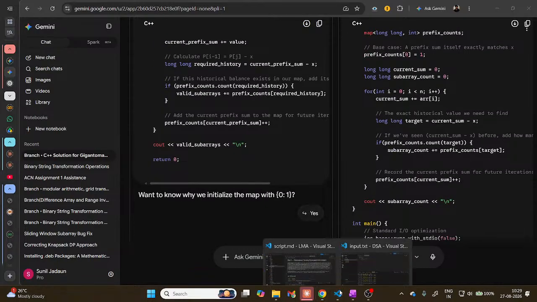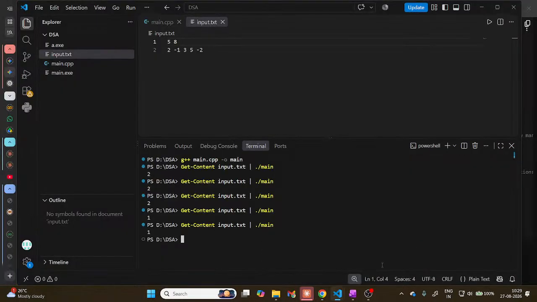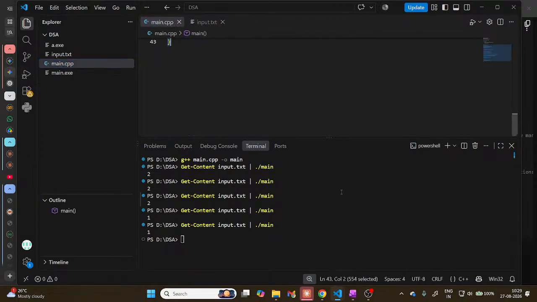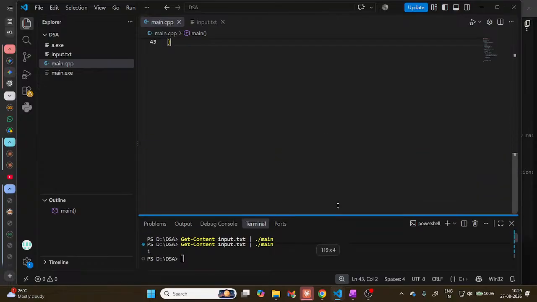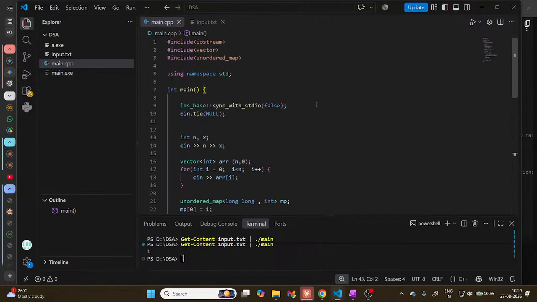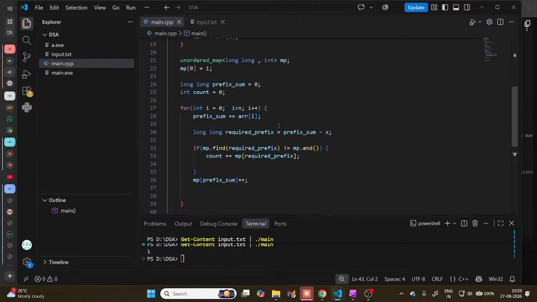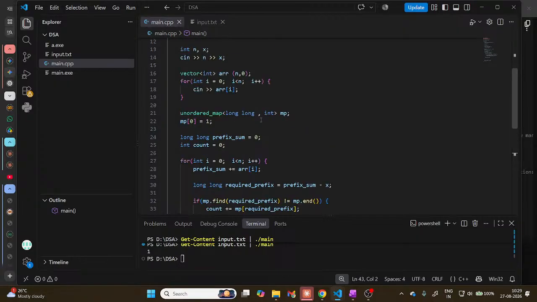We can do that also. These are little optimizations we can do, guys. Very important here. This for loop we don't require actually.